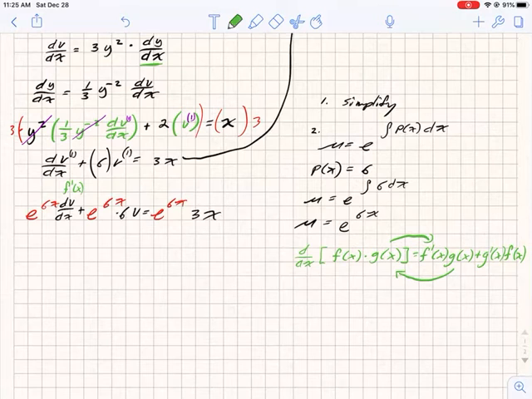So that must mean that e to the 6x, and we're looking over here, we're looking at this stuff, e to the 6x must be just g of x. So if f prime of x is dv over dx, then just v by itself must be f of x. So that means that all of this stuff must be g prime of x.